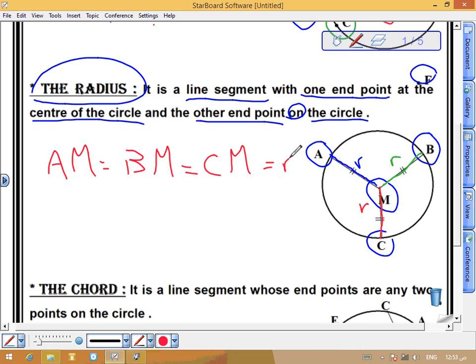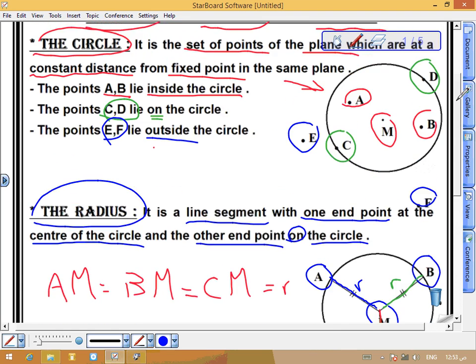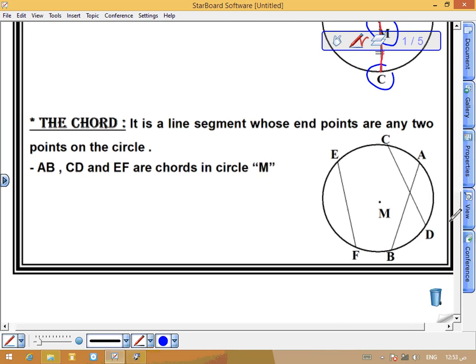The third definition is the chord. It is a line segment whose endpoints are any 2 points on the circle, like AB. A is a point, B is a point on the circle.